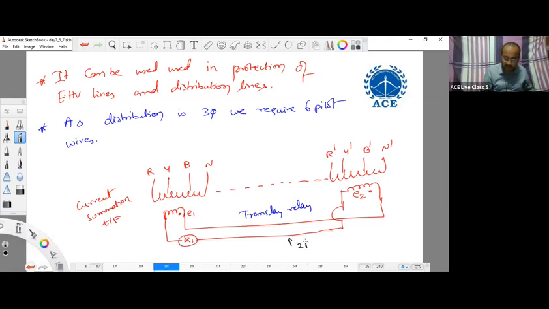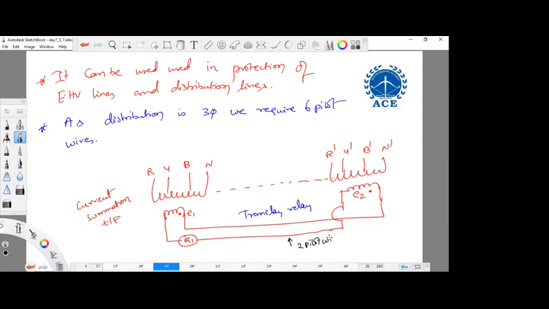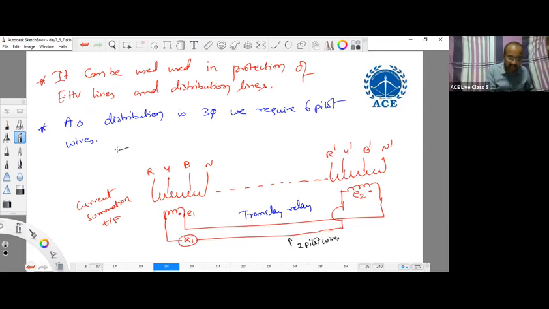Sir, how do we add all these phases? Here you have the CT of R phase, the CT of Y phase, and the CT of B phase. Now you should connect one end of R here and the other to neutral, and the same for Y and B between each phase and neutral like this.